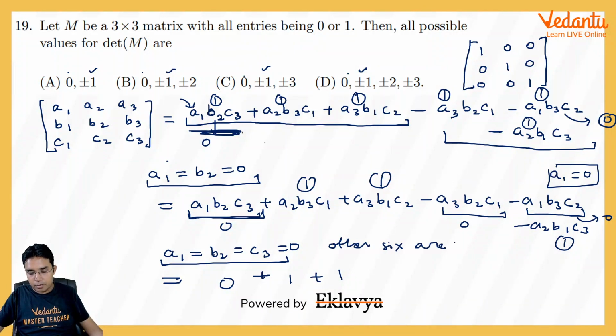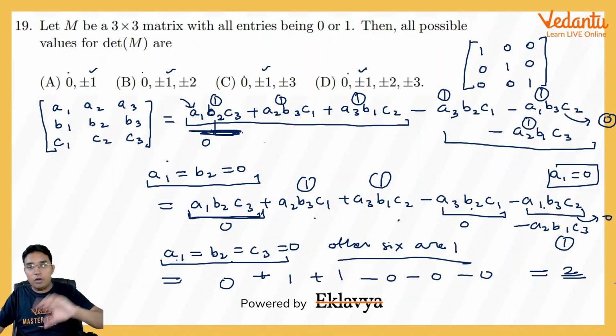So this will be 1, this will be 1, but A1 will make this term 0, B2 will make this 0, C3 will make this 0. So you can see all these terms with minus sign will be 0, 0, 0. So 2 seems also to be possible, and minus 2 will also be possible. You just have to interchange the rows or columns.